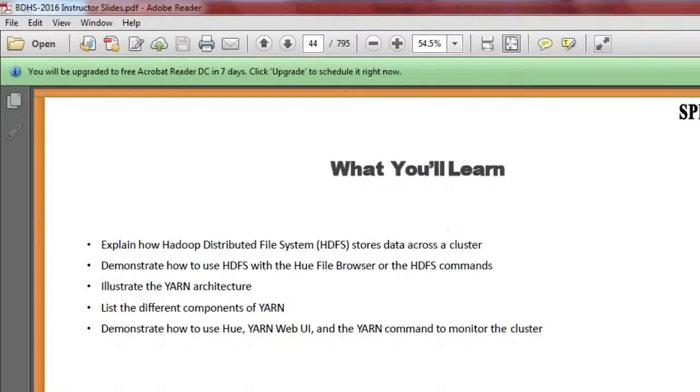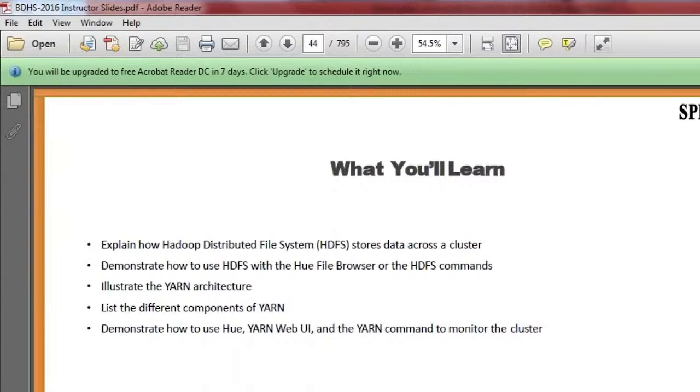We'll try to understand what we mean by HDFS, which is a distributed file system, and how exactly it works. Then we'll see some examples, like how to use HDFS and how to use a file browser using Hue. We'll try to run some HDFS commands, not today, but in the next class.